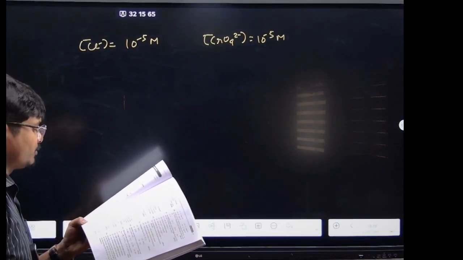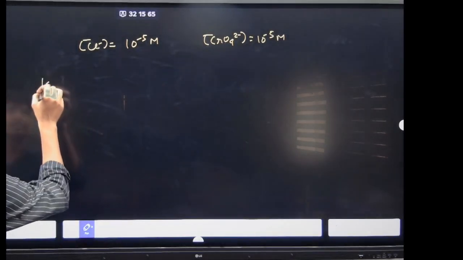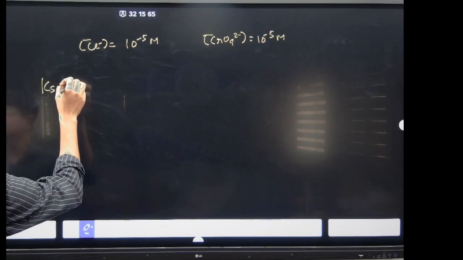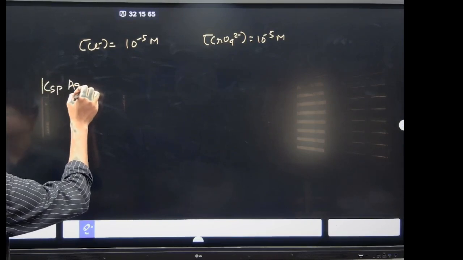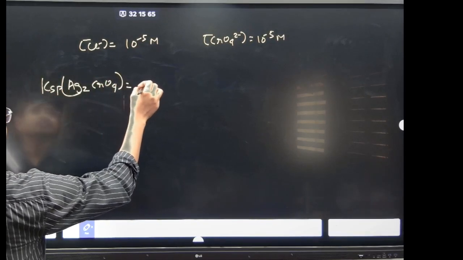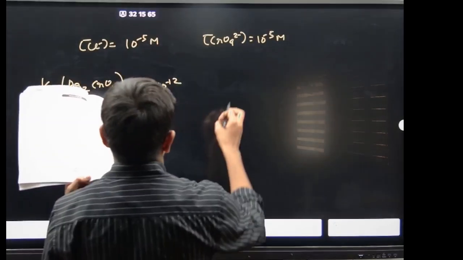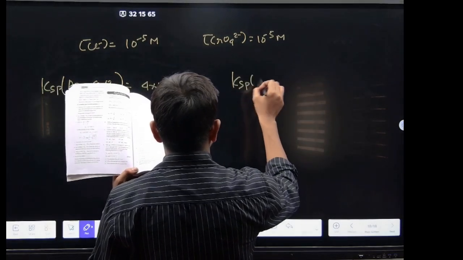Which of the following observations are made? Here the KSP is given for Ag2CrO4, and the KSP for AgCl is also given.